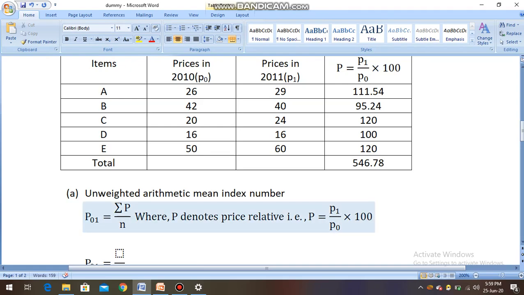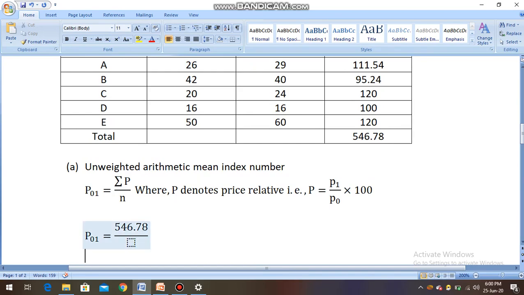Then substitute them in the formula, that is in the place of summation p, 546.78. Then we need to substitute n.